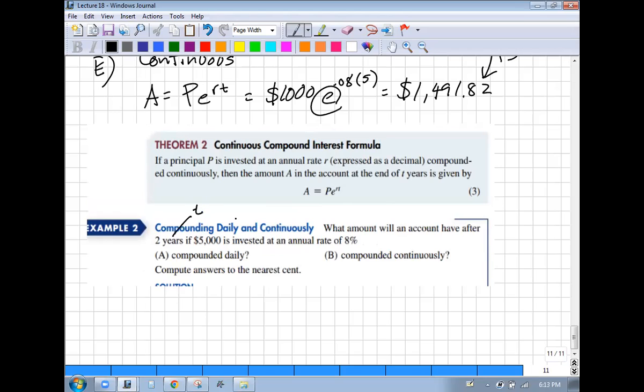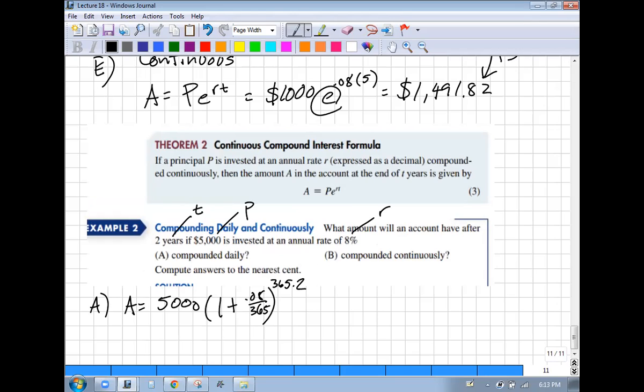So there's our time, if this much is invested at this interest rate, compounded daily. Well, it's compounded daily. We have our principal, 1 plus our interest rate divided by 365, because there's 365 days in a year, 365 times 2 years, right?